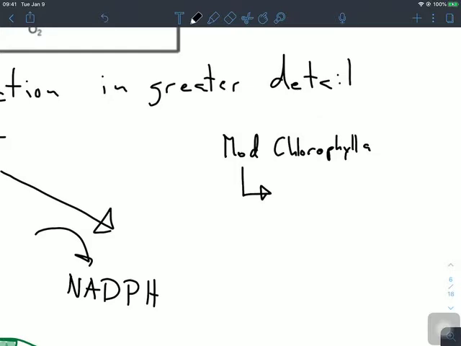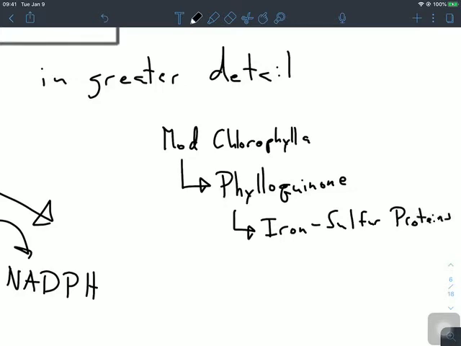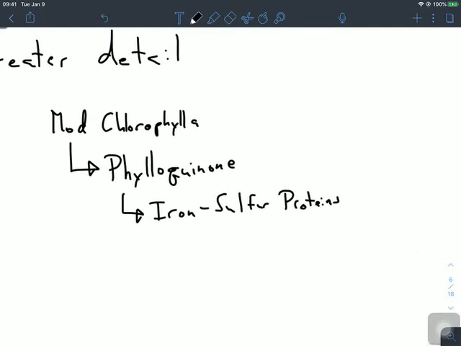After modified chlorophyll A, we have phylloquinone. After phylloquinone, we have a series of iron sulfur proteins. After our iron-sulfur proteins, we have ferredoxin.